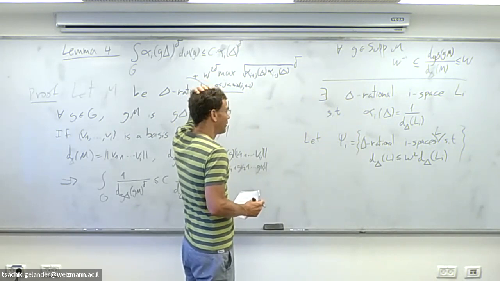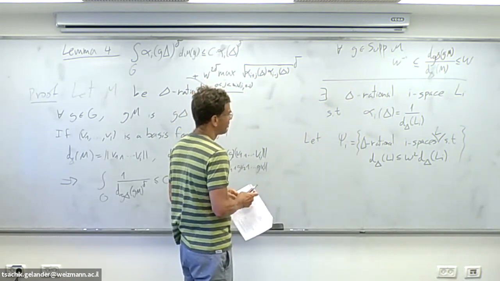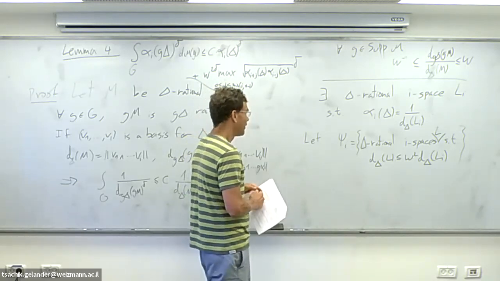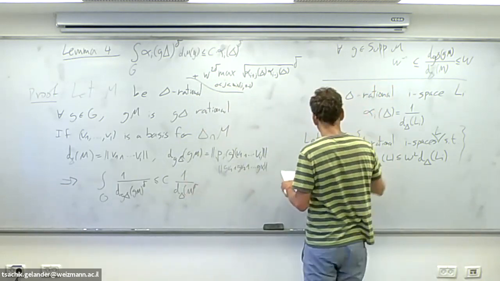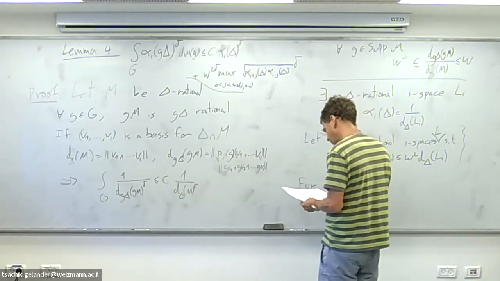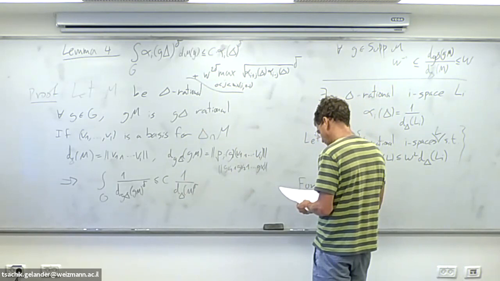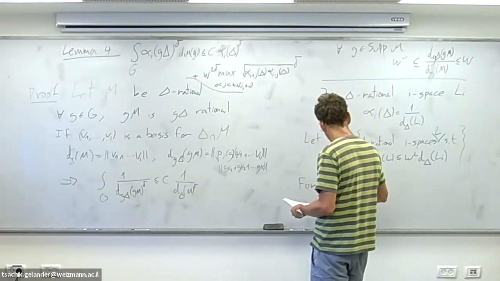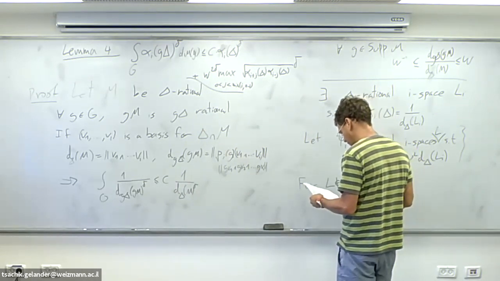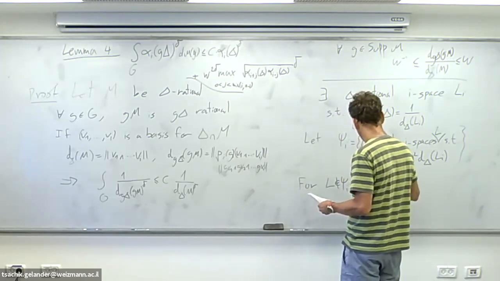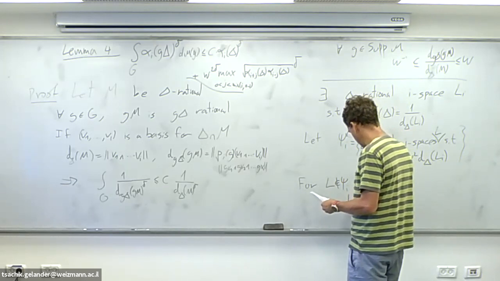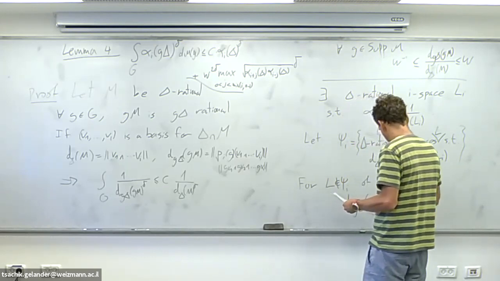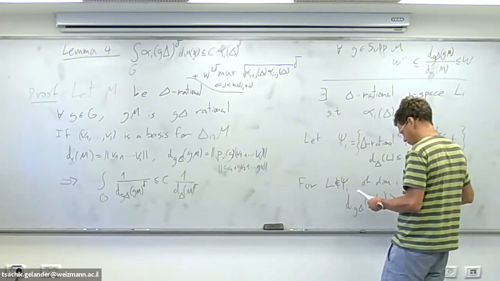And observe from what is written here that for any space L not in psi i, for an i-space L of dimension i, we have that d g delta of gL is strictly bigger than d g delta of gLi.